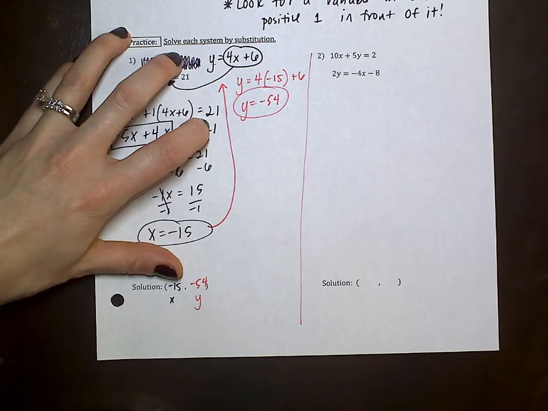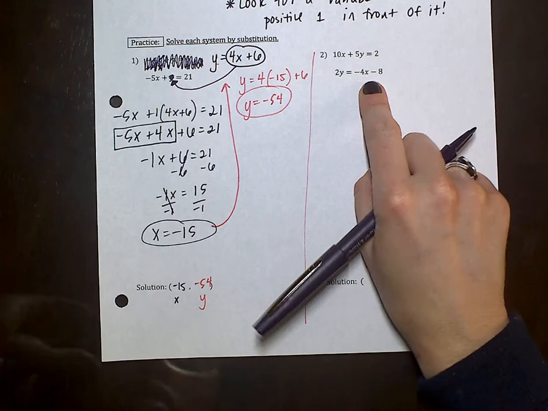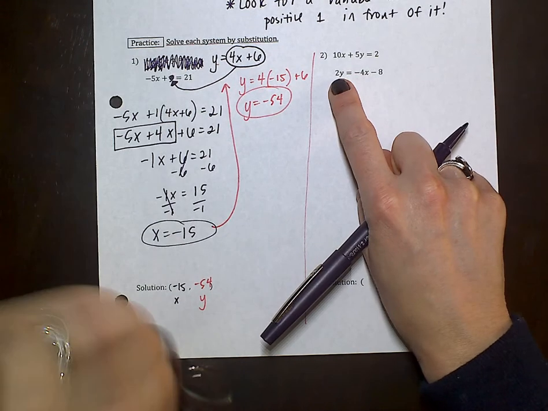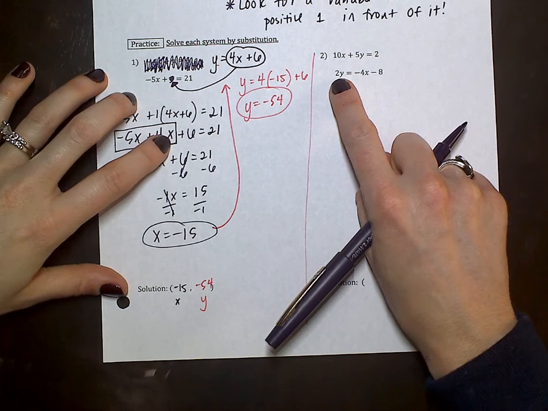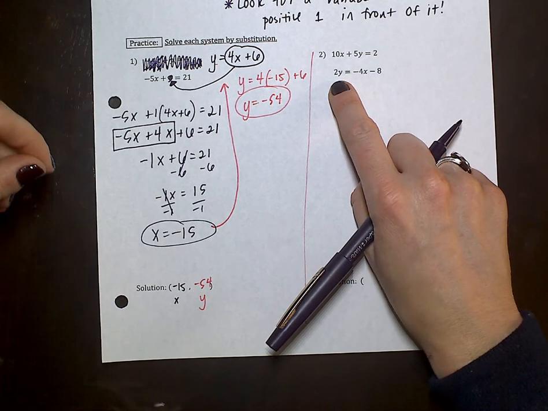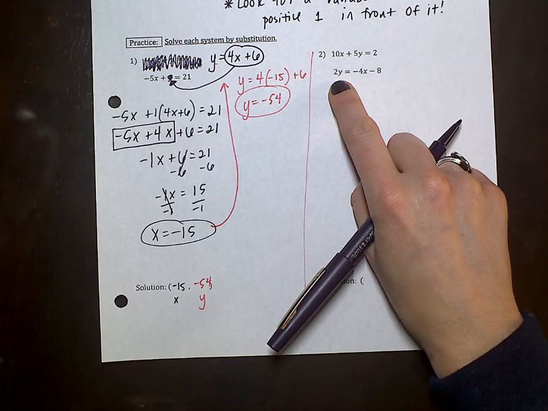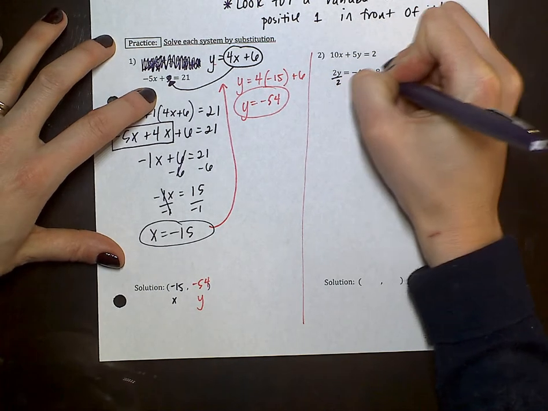I'm hopeful that it would jump out at you that the second equation, if I look at the left-hand side, it's 2y. So it jumps out to me that if I just move that 2, I'm going to have y by itself. So you really want to look for a place where you only have to do one thing to get a variable alone. So that one thing here is just dividing by 2.